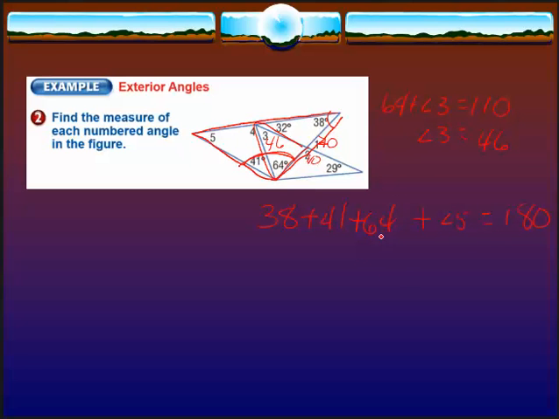So that's 143 plus angle 5 equals 180. If I subtract my 143, then angle 5 equals 37.